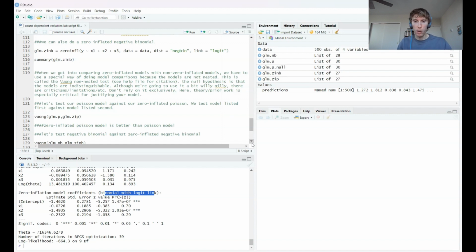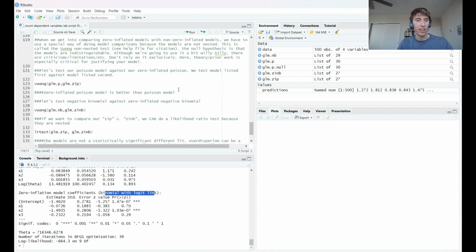So I'm just going to show it, but it's probably not the end-all be-all for the decisions you are making. Like the likelihood ratio test that we've been doing, it's a similar idea of the null hypothesis being that these models are statistically the same. Basically, they provide the same fit.